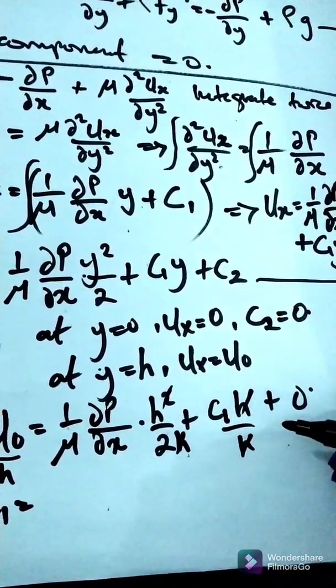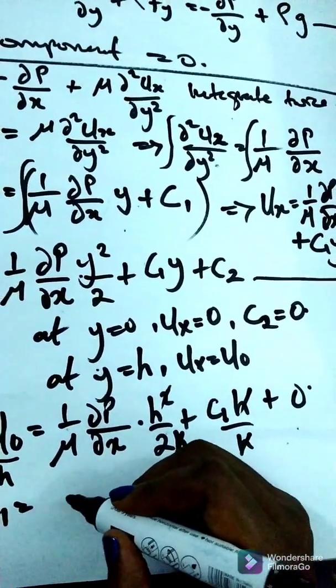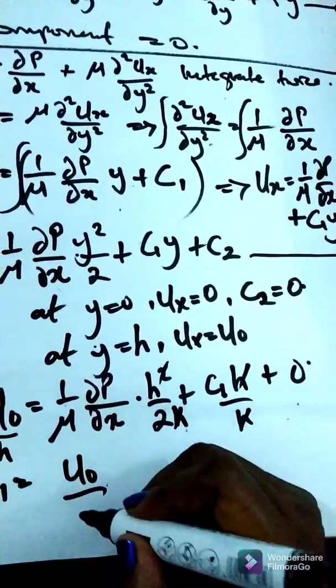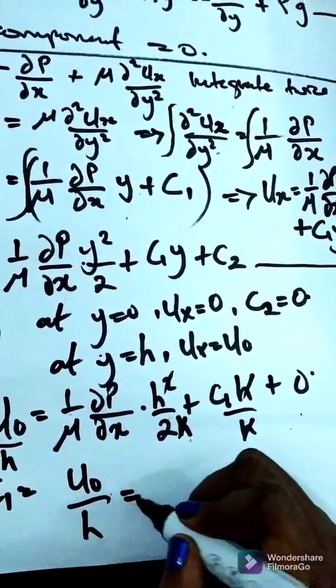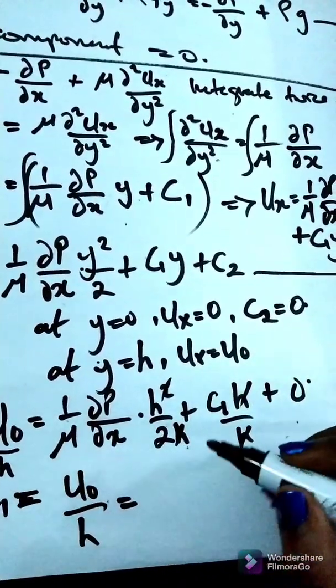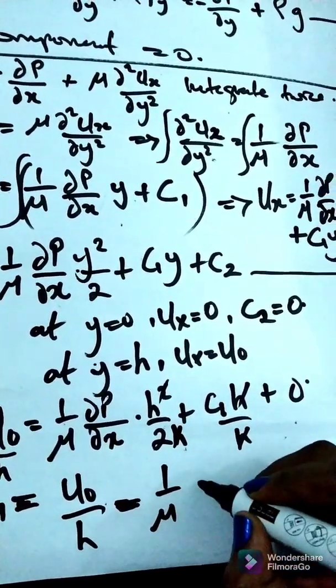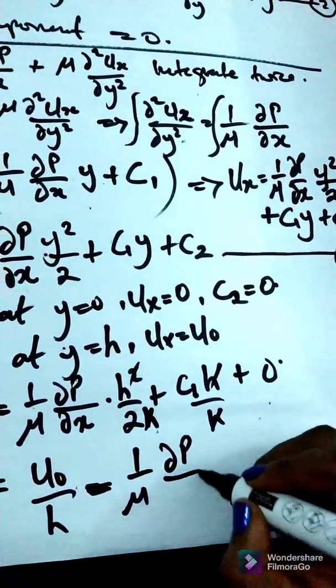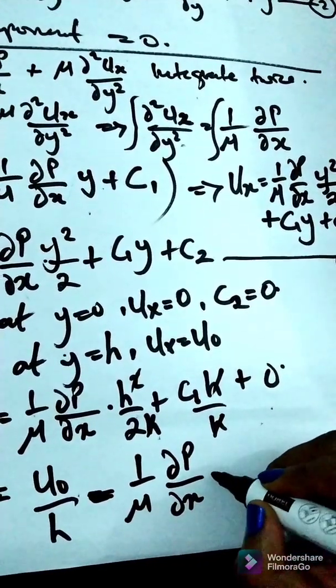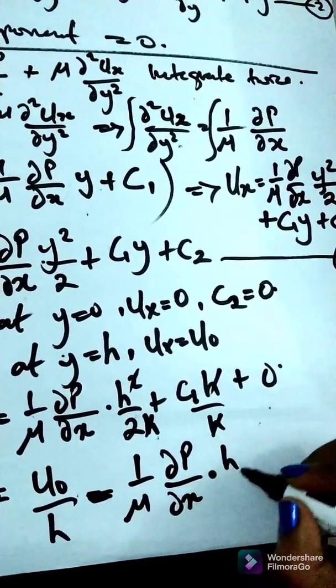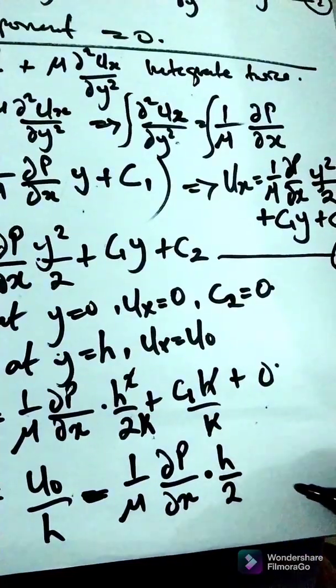Making C1 the subject of the formula, we'll have uo all over h minus 1 over mu partial p partial x times h all over 2.